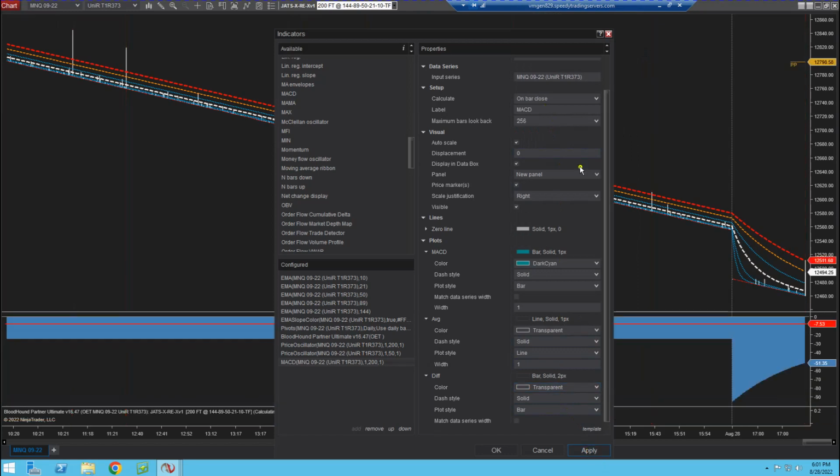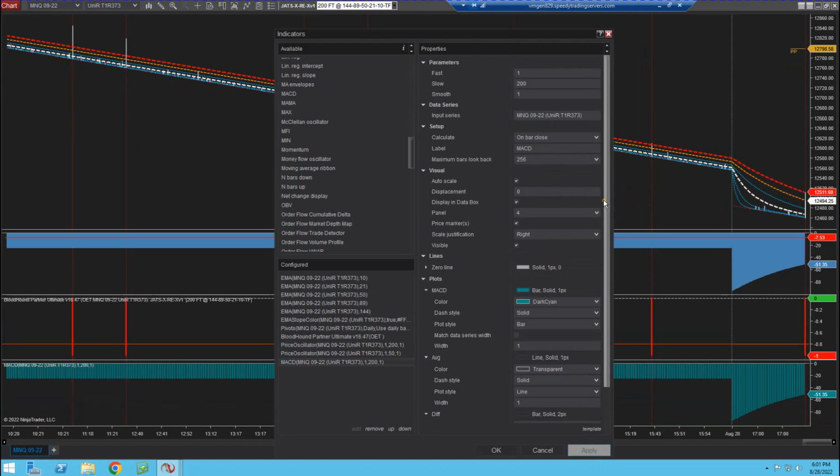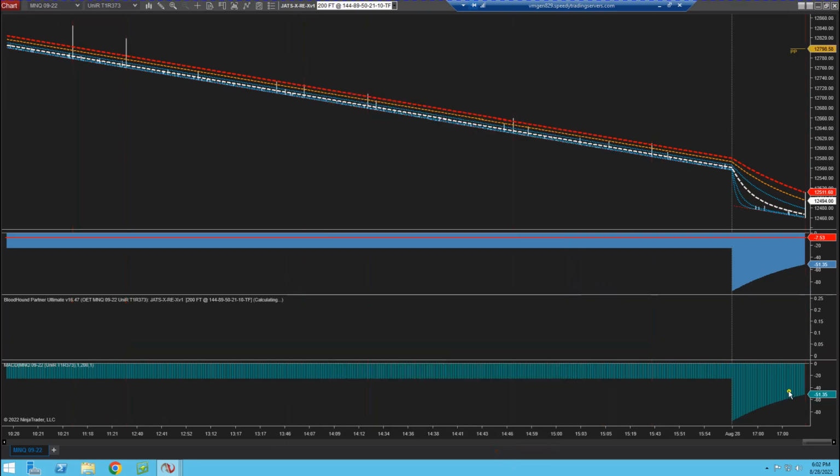Okay, there it is. Right down here. Same thing. See what I mean? Jelly bean. It is the same thing as the price oscillator. So you can do your MACD exactly the same, just using different settings. And that tells you how far you are from the 200 EMA.